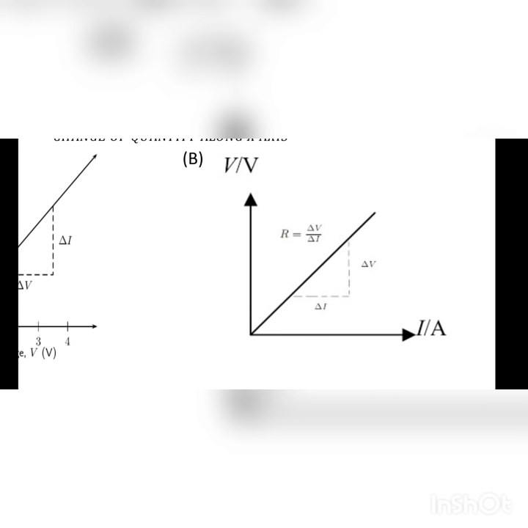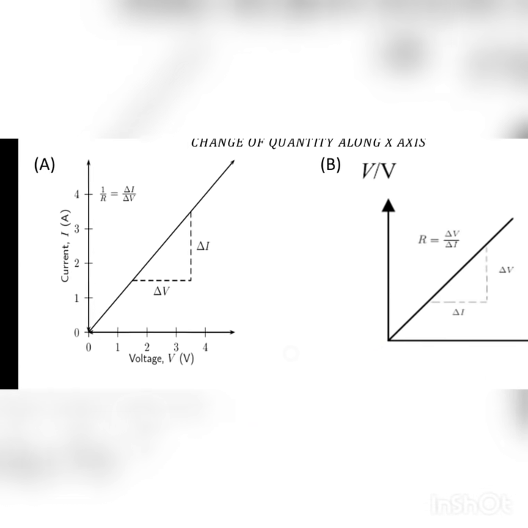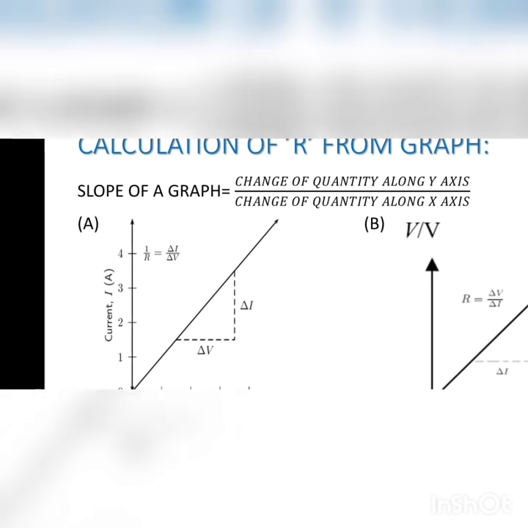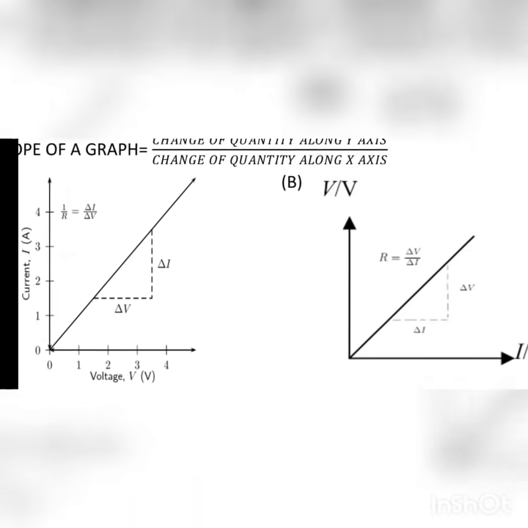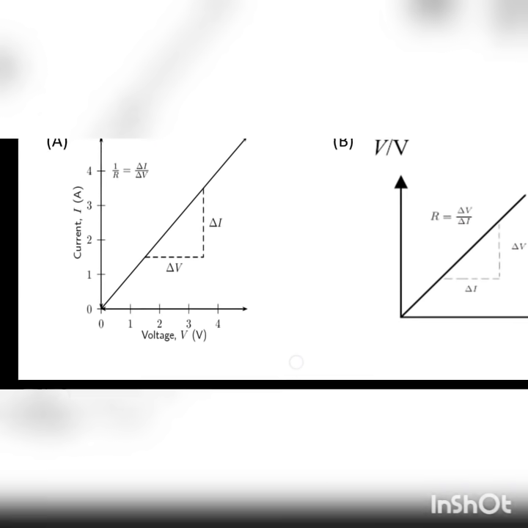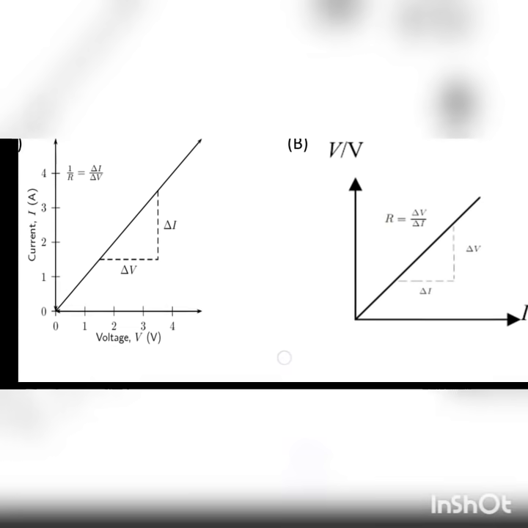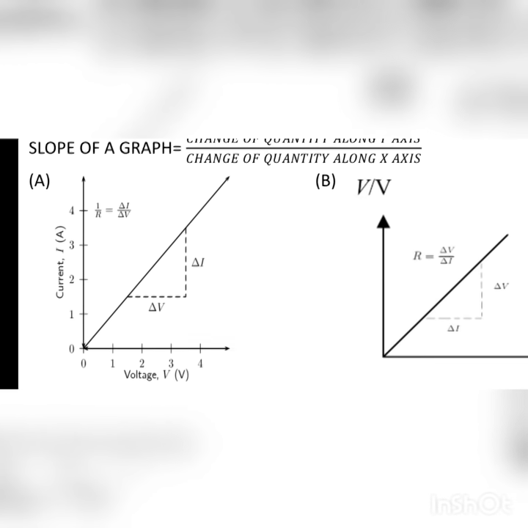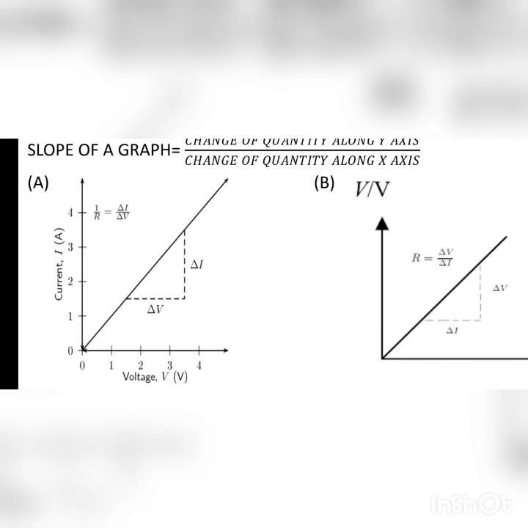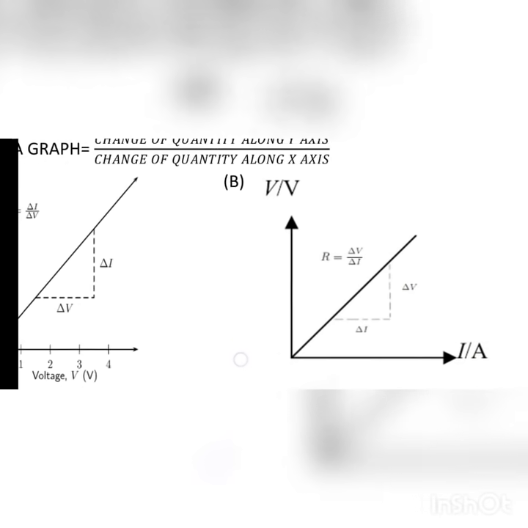So from this graph we can find the resistance of the conductor as the slope of the graph, which is nothing but delta V by delta I. So this is how we are going to find the value of R from the graphs given to you. Just don't get confused and remember that in A part, 1 by slope is equal to R, and in B part, slope is equal to R.